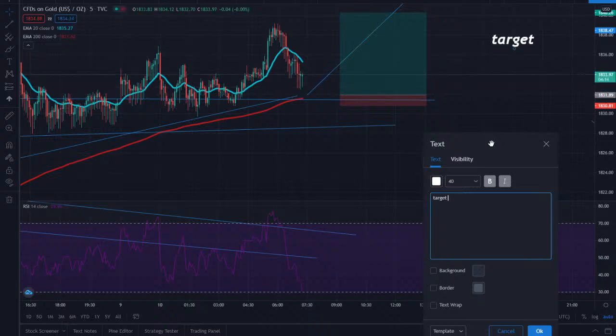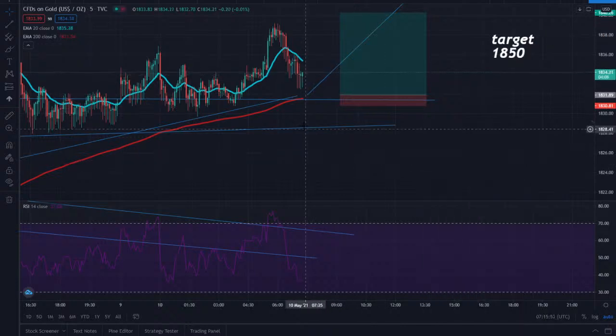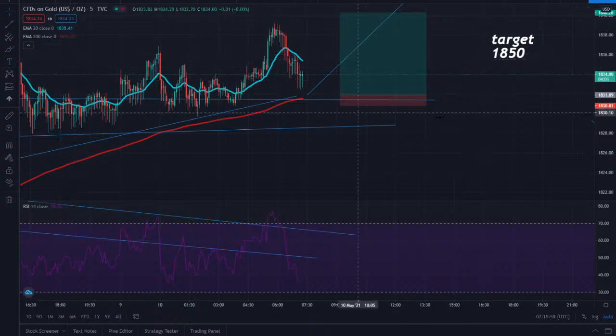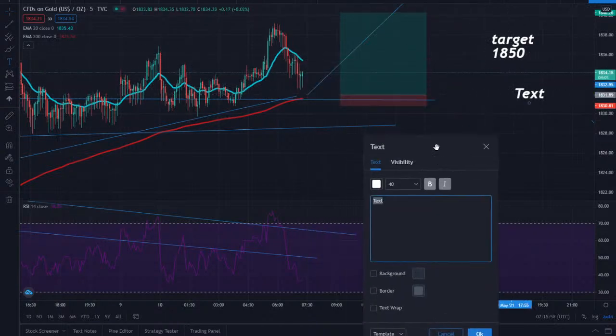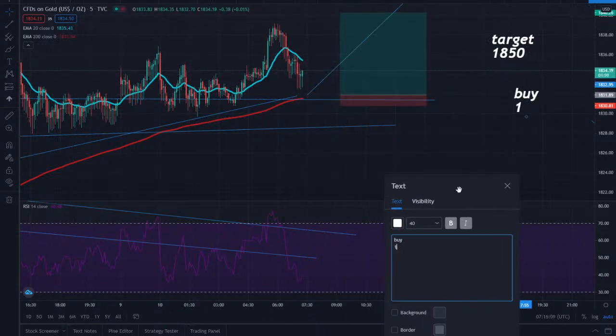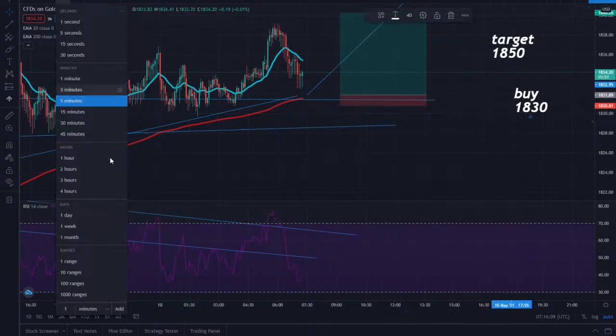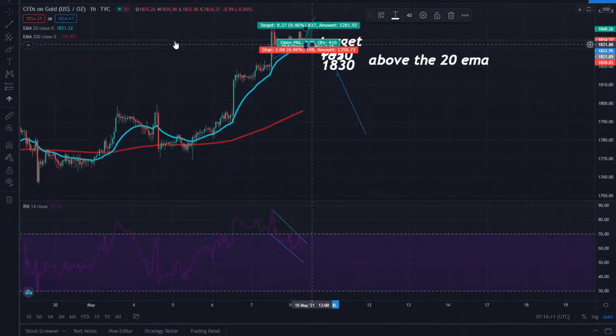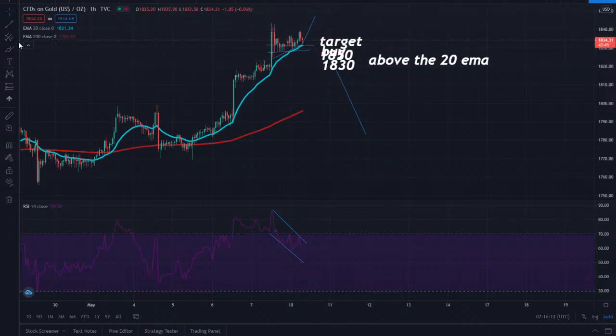What was it? Target 1850. By 1843, somewhere around here. But 1830. Stop loss. Let's go on the hourly chart. Let's edit this one again.